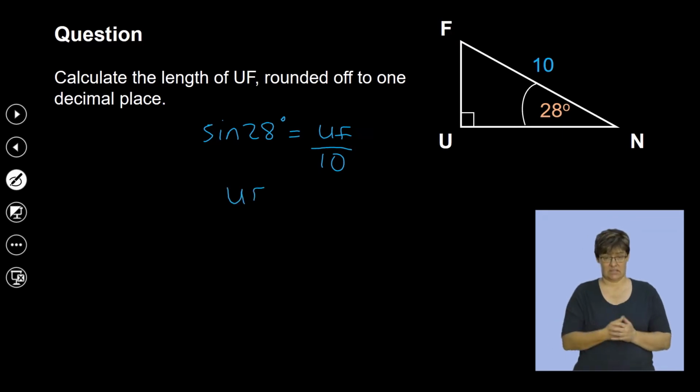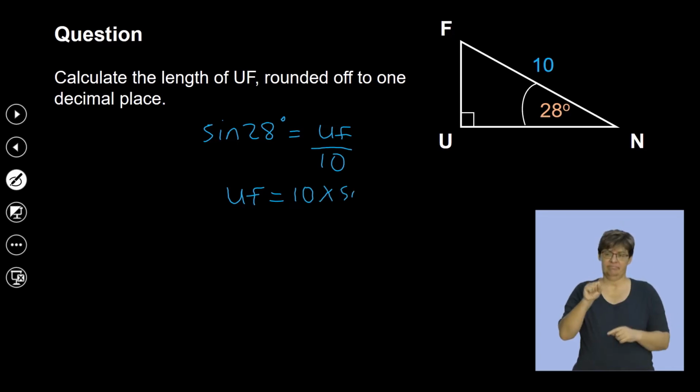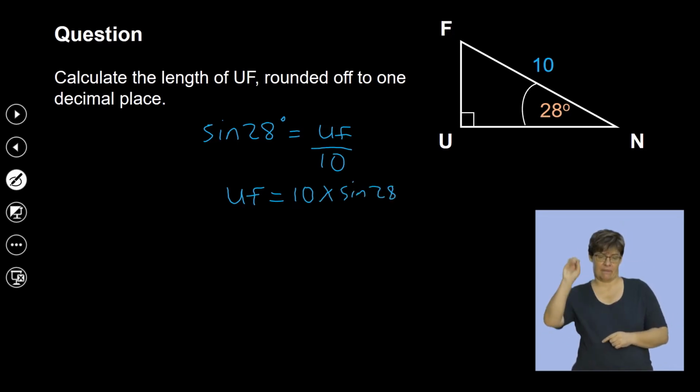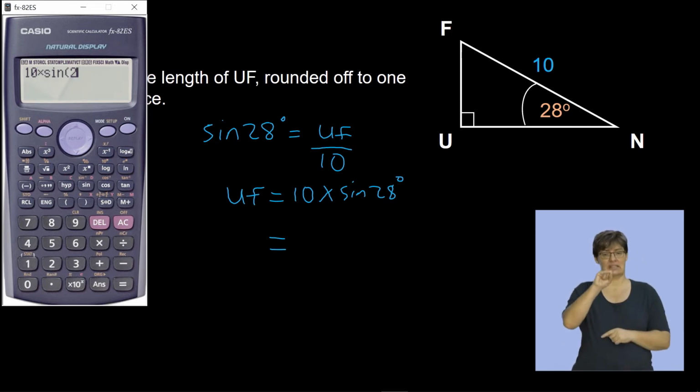I will just do the basic algebra, which has to do with cross multiplication or multiplying both sides by 10. So this will be 10 multiplied by sine of 28 degrees, and then we go straight to our calculator to then solve this. So it will be 10 multiplied by sine 28.